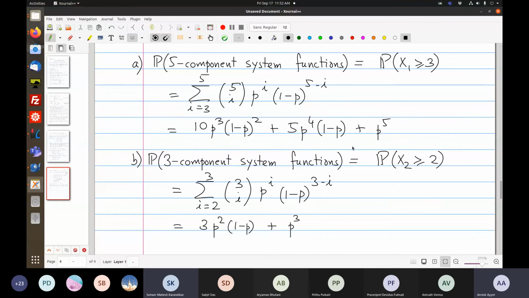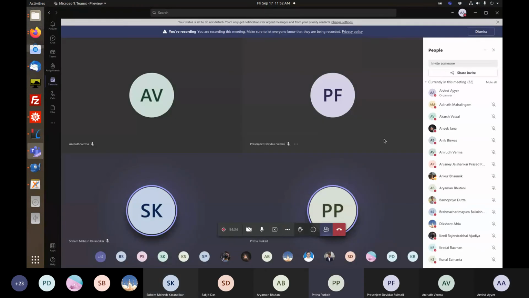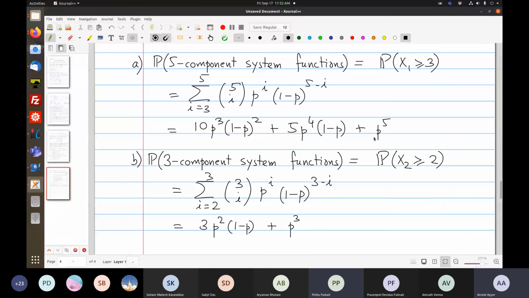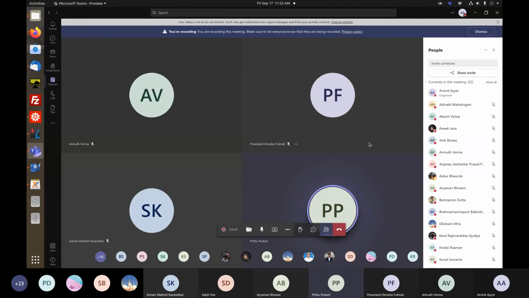Sir, the probability of a 5-component system functioning would be just choosing any 3 out of the 5 and ensuring that they work, irrespective of what happens to the other 2. The system would work. That's right. But I think there would be overcounting by doing it like that. Why? Because, for example, let's say components 1, 2, 3, 4 work and 5 does not work.